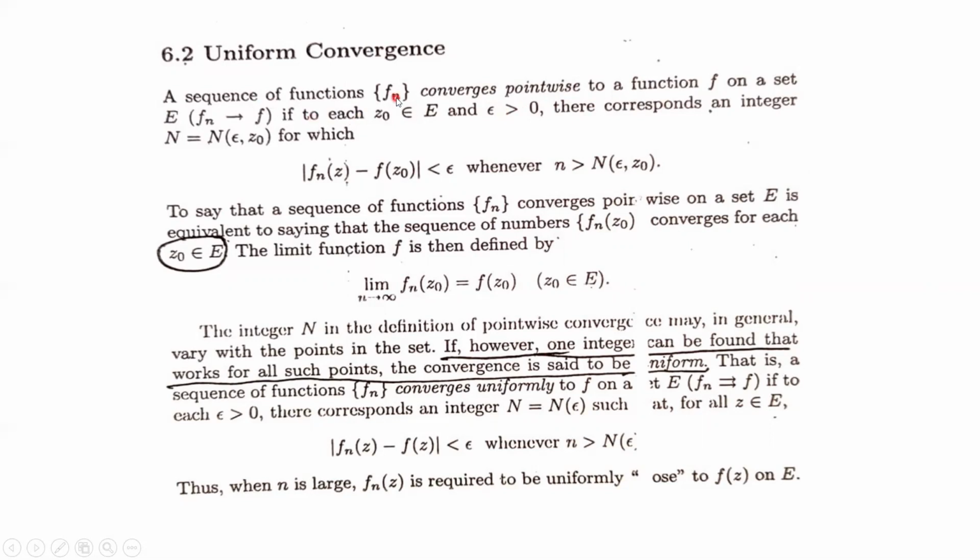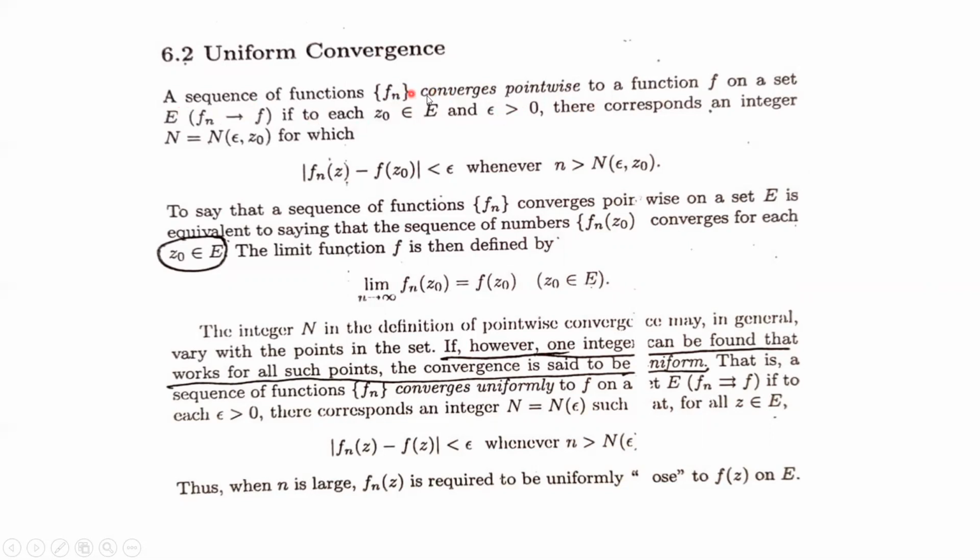Okay, so these f_n are complex functions, like f1, f2, f3, and all the functions in this sequence depend on the value of n as well as the value of the complex variable z.